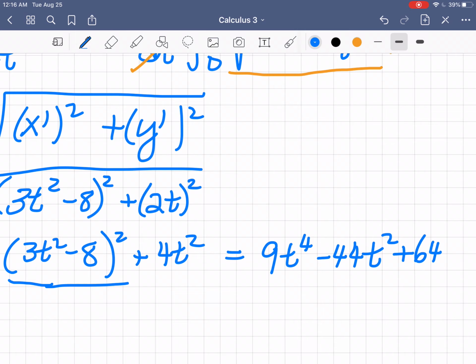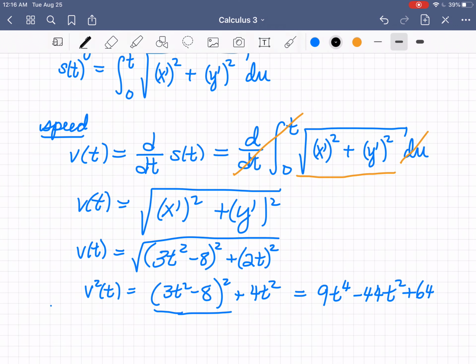So this is v squared, the speed squared, and we're now going to minimize this function.